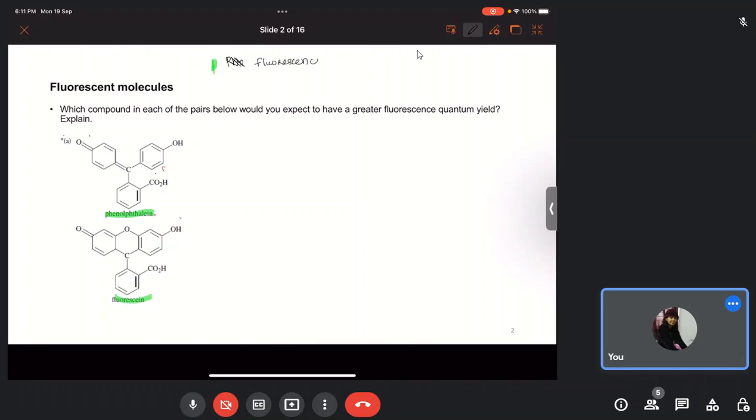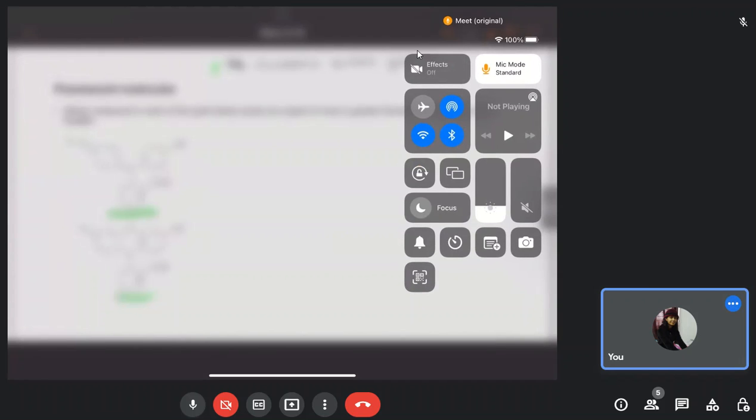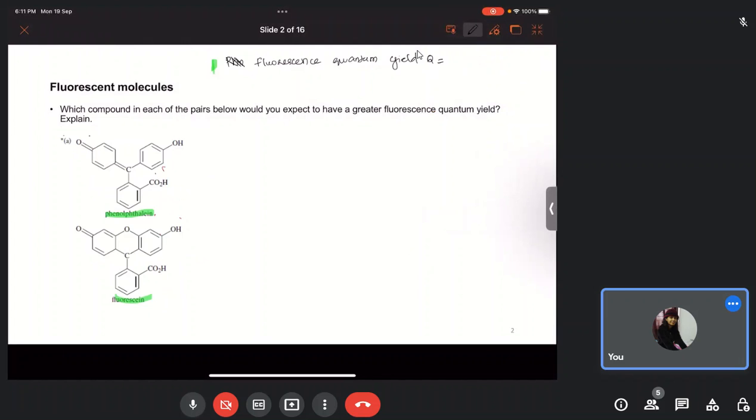Fluorescence quantum yield, Q, is equal to the number of photons emitted by the number of photons absorbed.